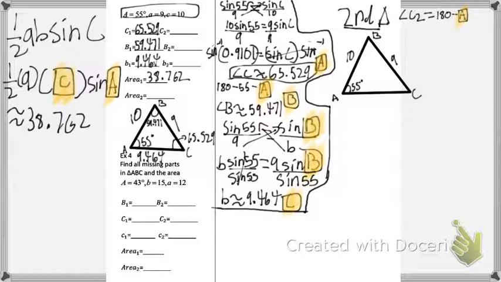So I got that angle C2 equals around 114.471 degrees.